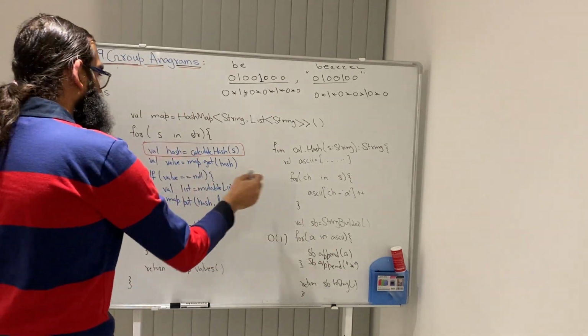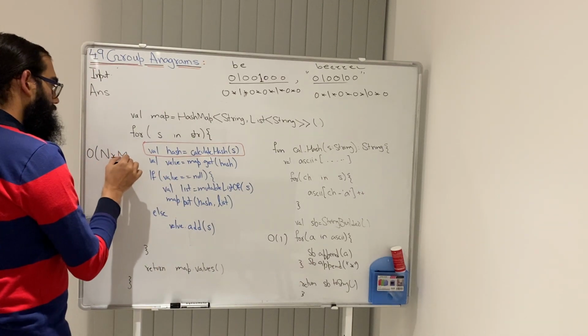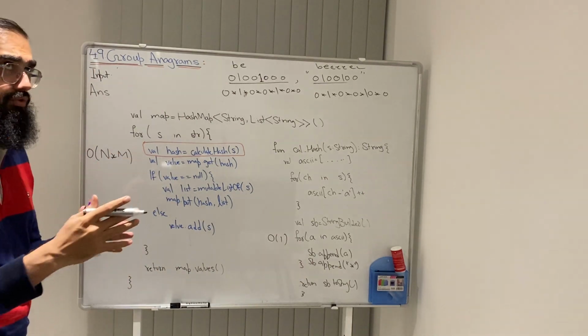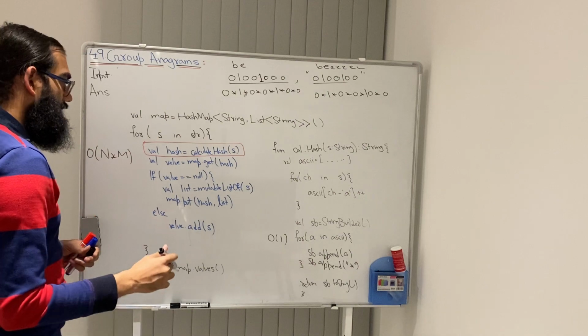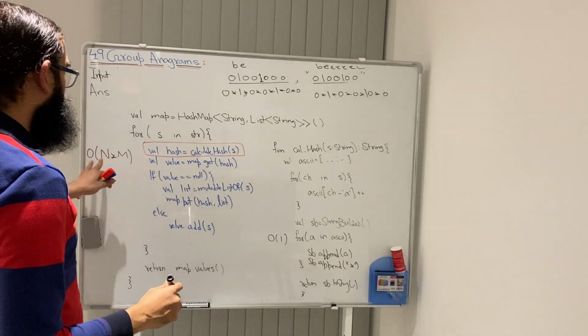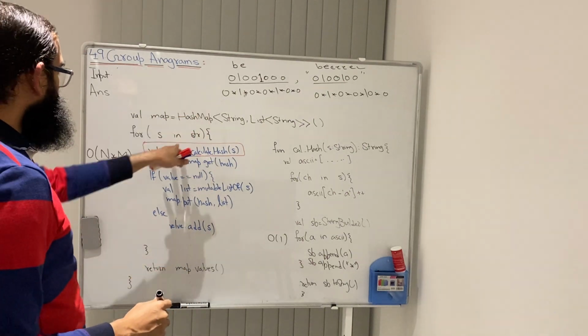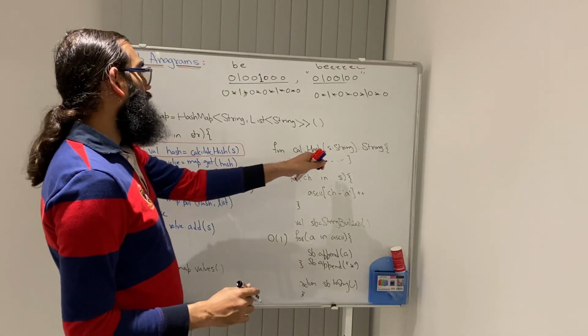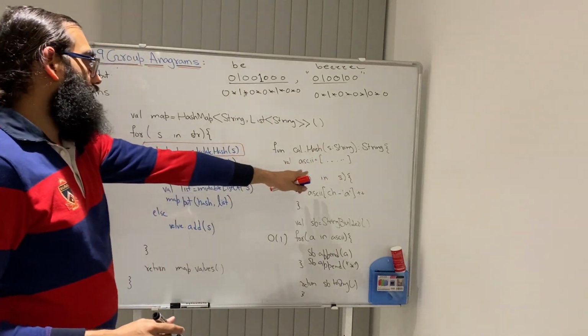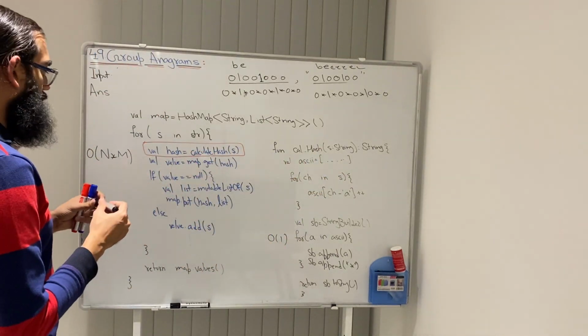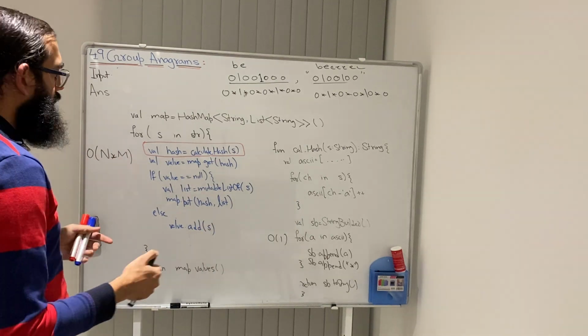So we can say n into m. Last time we had n into m into log m. In this case we have n into m. N is the number of strings, m is the length of one string inside that. So the worst case, the biggest one.